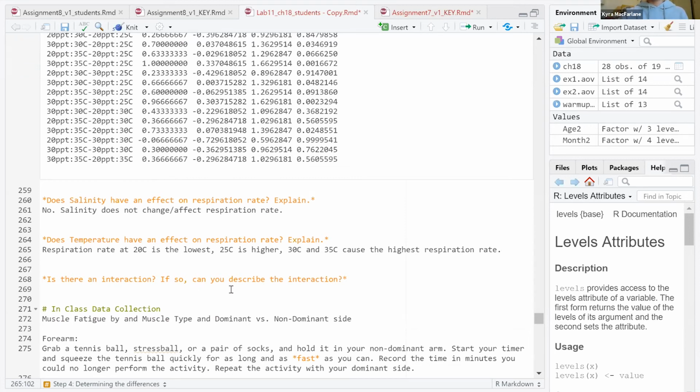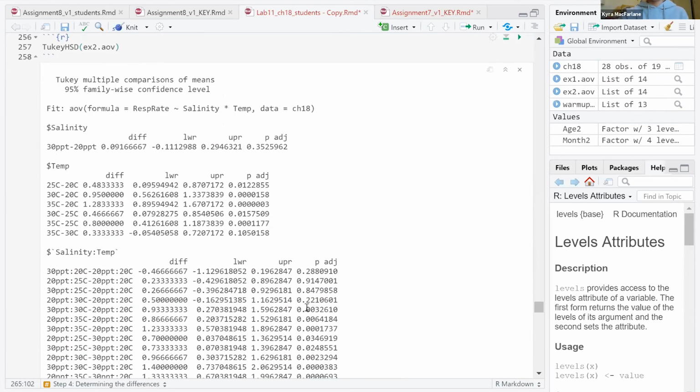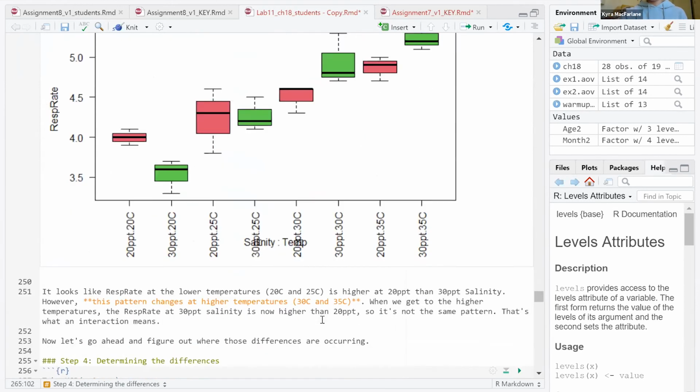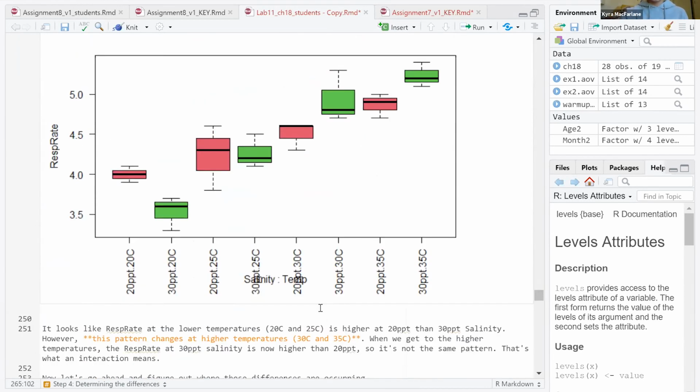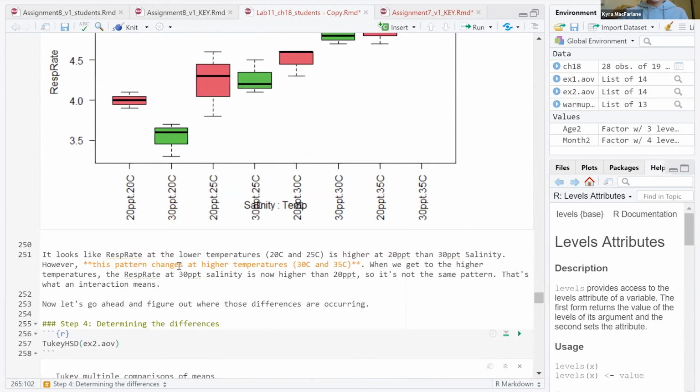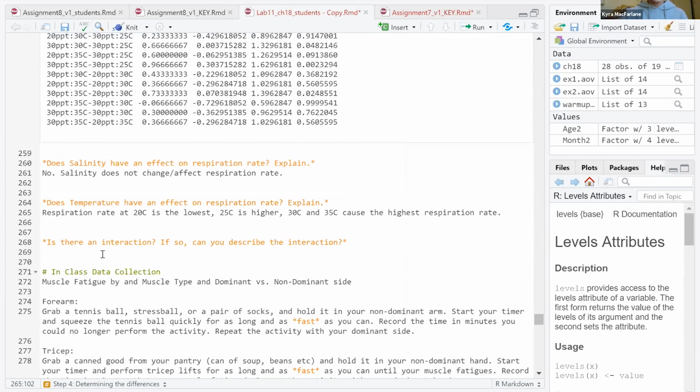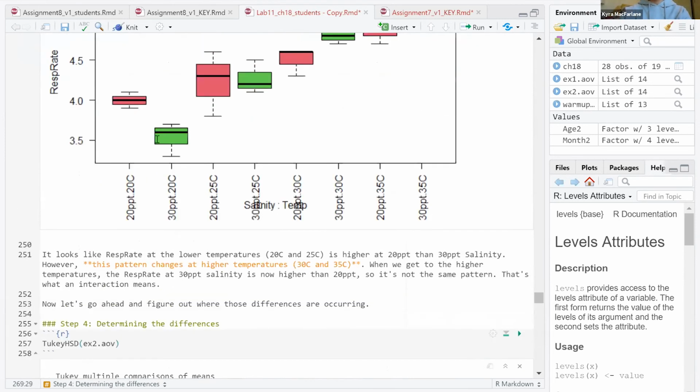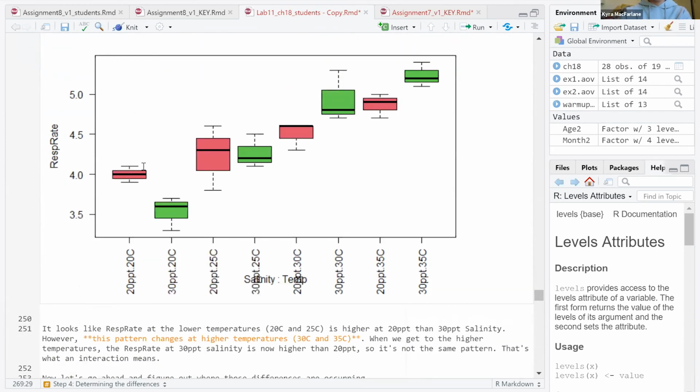Is there an interaction? If so, can you describe the interaction? So yes, there is an interaction. We could describe this a couple of different ways. At lower temperatures, respiration rate is higher at 20 parts per thousand compared to 30 parts per thousand.